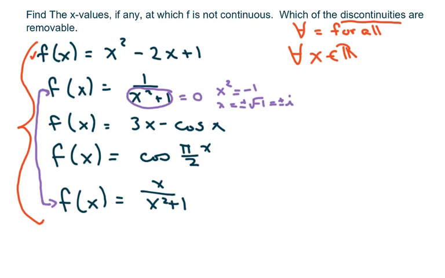But we're not talking about complex numbers, only the real numbers. So these are all continuous for all real numbers.